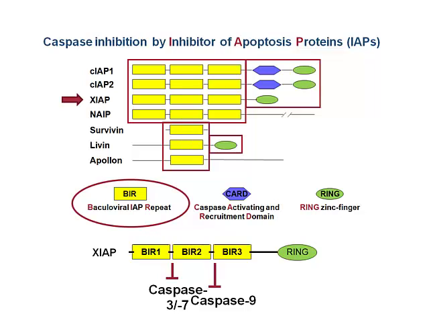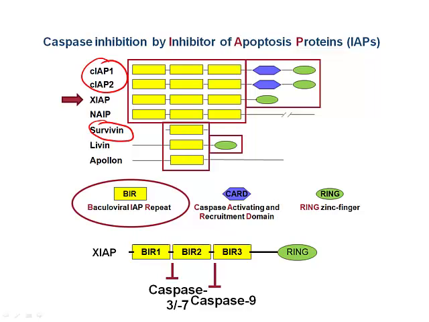For example, cIAP1 and 2 are more involved in RIP-dependent necrosis or necroptosis, while survivin is expressed in a cell cycle dependent manner and is a crucial protein during cell division. Blocking survivin causes mitotic catastrophe. That's also a form of cell death, but is not necessarily considered classical apoptosis.